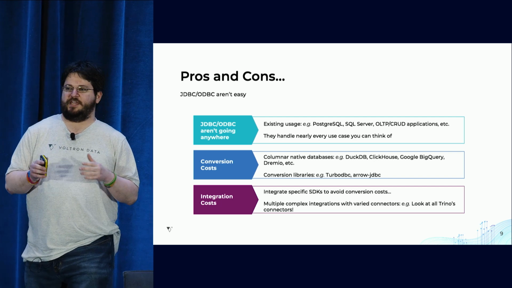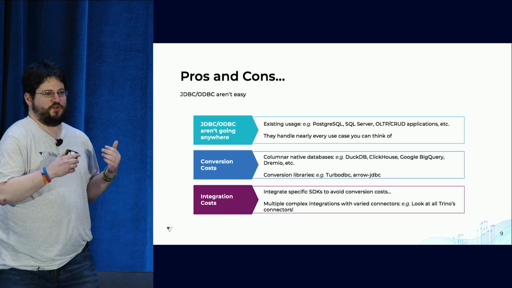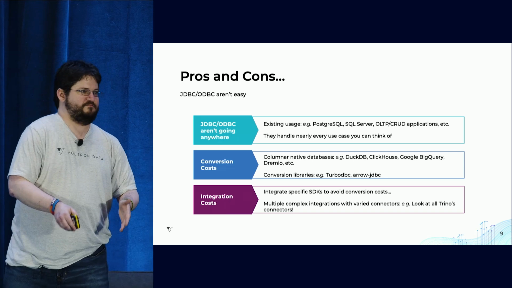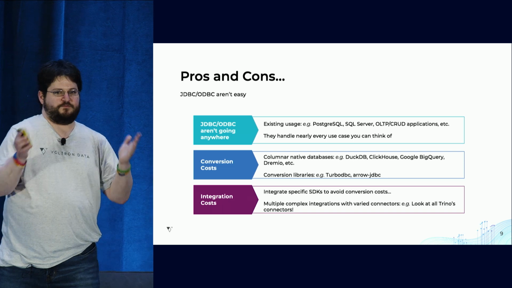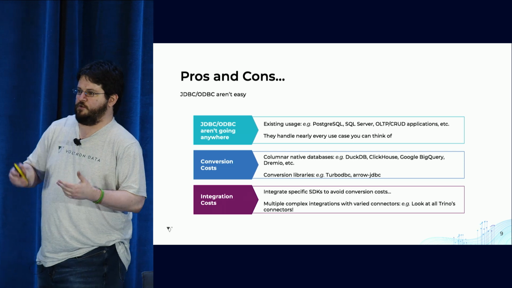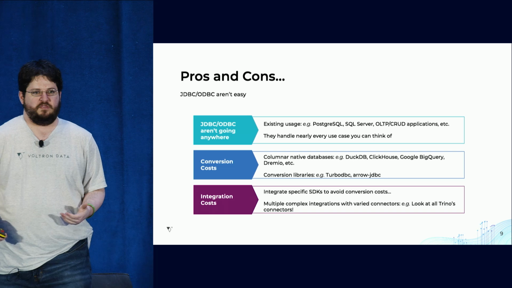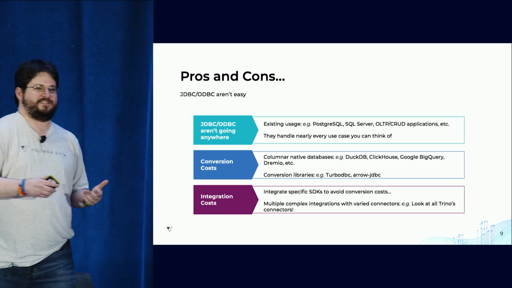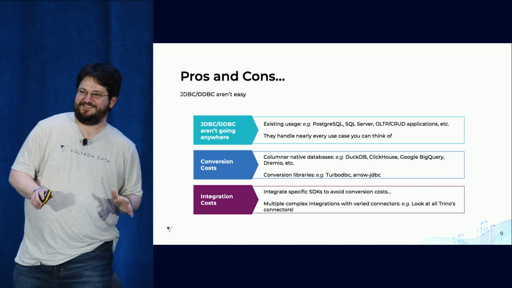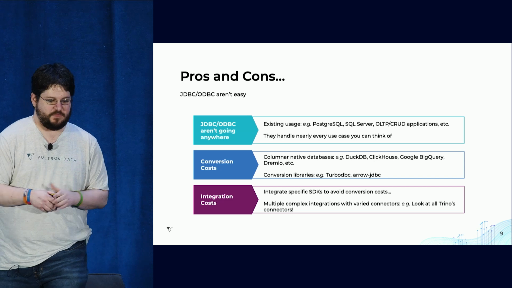ODBC and JDBC are row-oriented because in the 80s, your data sets were primarily tons of rows, fewer columns. That was just the typical way things operated. And you also weren't dealing with the enormous amount of data that we do now. So when you want column-oriented interaction, ODBC and JDBC are not good for that, because now you have to transpose that data at both sides.